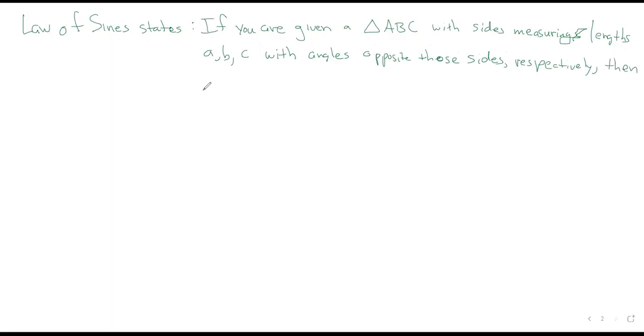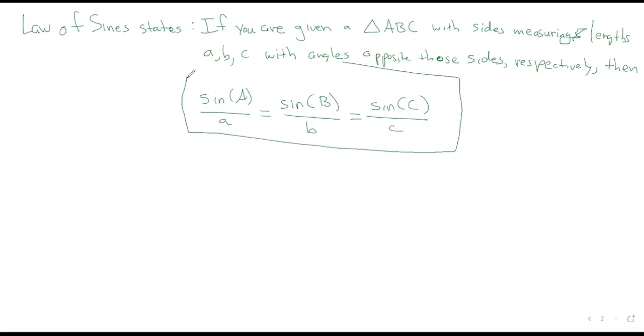Then the sine of angle A over side a is equal to the sine of angle B over side b. And this could also be equal to the sine of angle C over side c. So this is your formula for the law of sines.